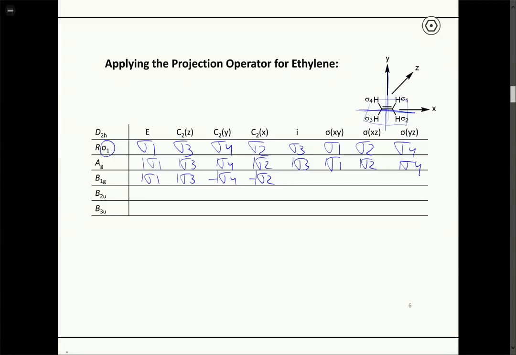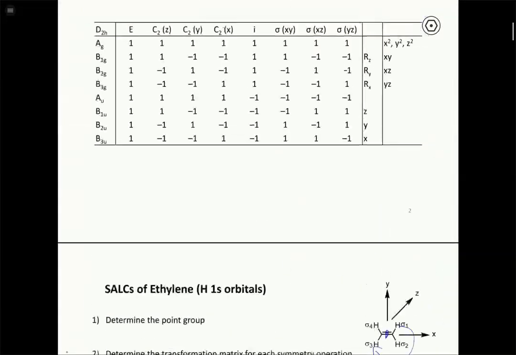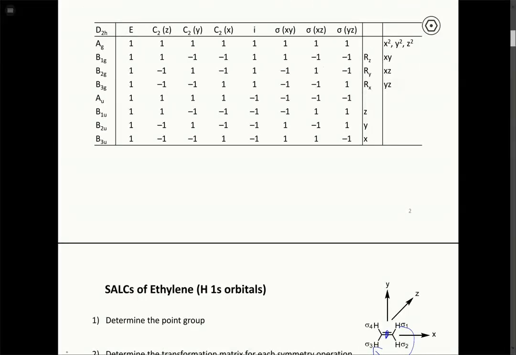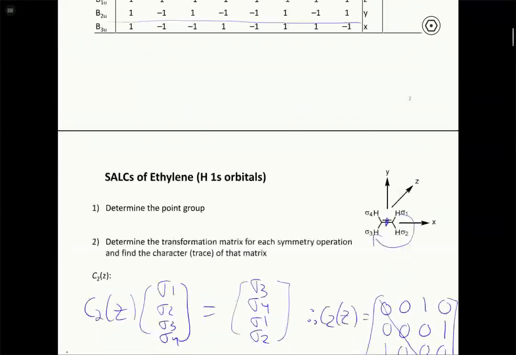We're just multiplying these by the characters, and then we're going to have 1 sigma 3, 1 sigma 1, minus 1 sigma 2, minus 1 sigma 4. B2u, we have 1, minus 1, 1, minus 1, and then minus 1, 1, minus 1, 1. So this is B2u. We're also going to use this set of characters.